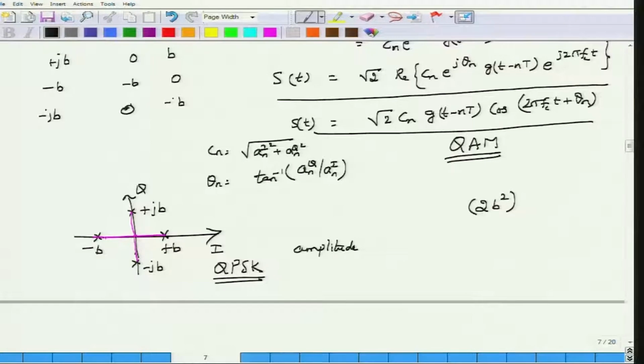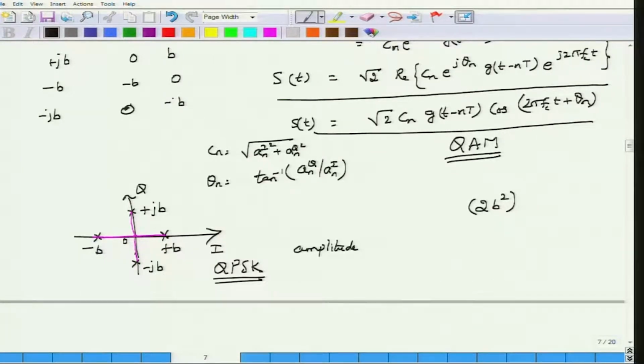So, these are the 4 different points in the signal constellation. The distance of each of those will be the magnitude squared. This is the length squared that we talked about in the last module, about the geometric representation of the signal. So, the energy associated with this one is mod B square, this one is mod B square, and mod B square.